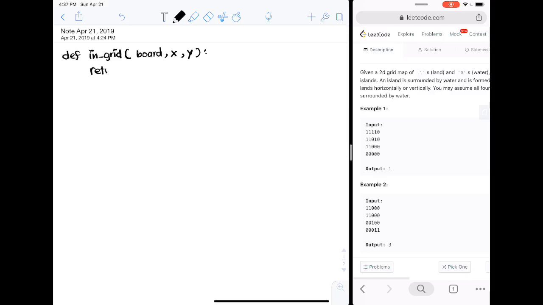And this can just be a one-liner where we return x is greater than -1 and x is less than length of board, and y is greater than -1 and y is less than length of board x.